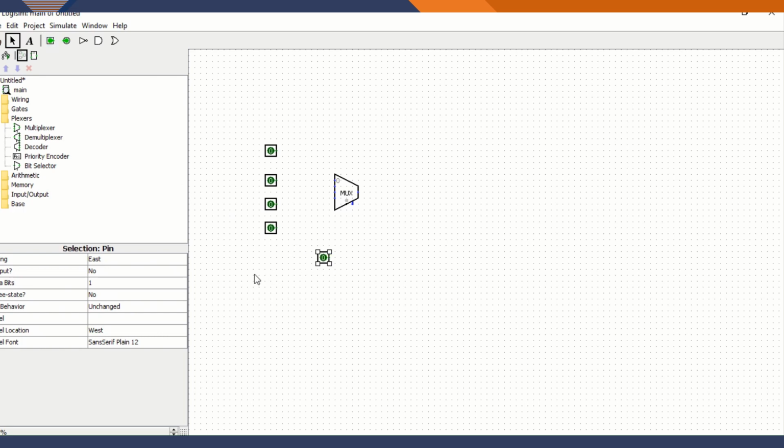Here I won't change the data bits, as my selection line has 2 inputs, that means S0 and S1, and I get only one output.